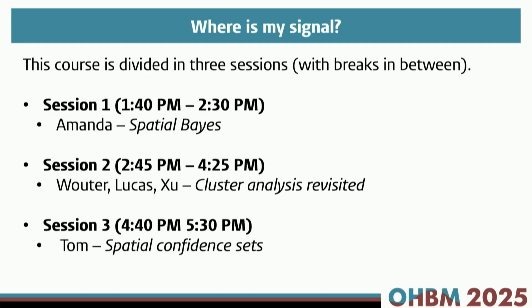This is the most used analysis in fMRI, and we have some nice additions to that. And then finally, in session 3, Tom will talk about spatial confidence sets, so explicitly testing whether the spatial constellation of the regions that you find is the same across different conditions or across different data sets. If I more or less summarize it, but Tom will, of course, explain it in much more detail.